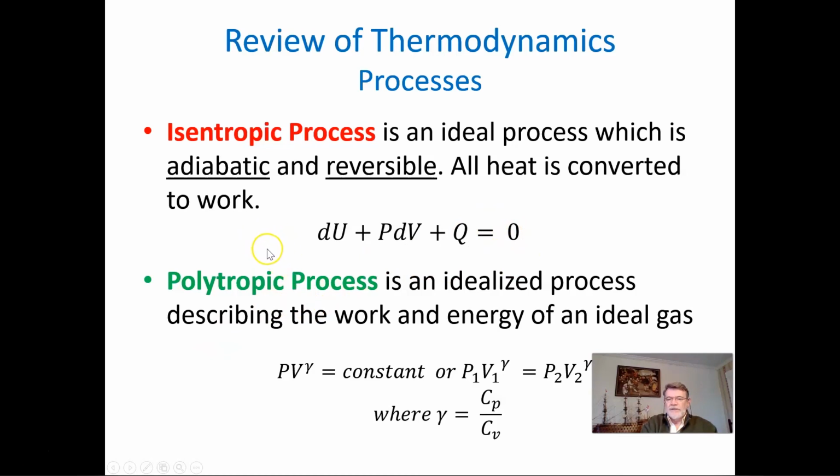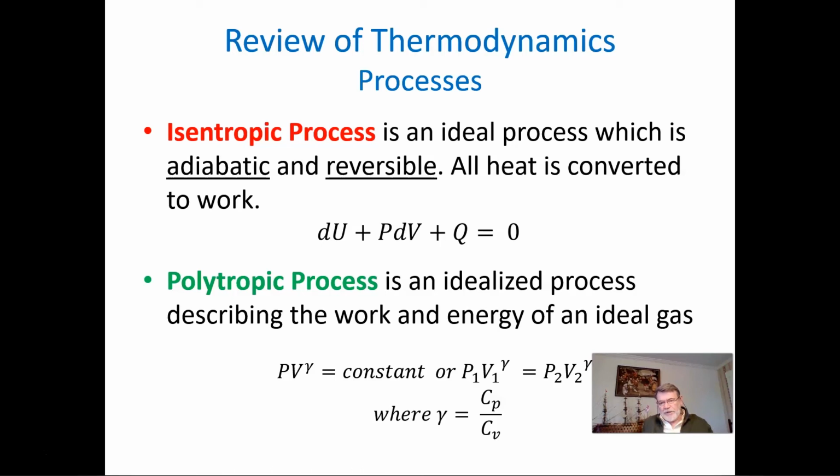So expanding upon that a little bit more, we get this other great idea here of a polytropic process. And what is it? It's an idealized process where basically there's a rule.